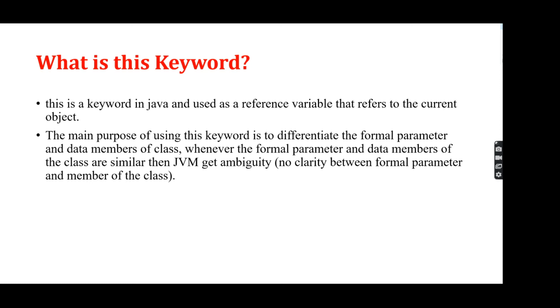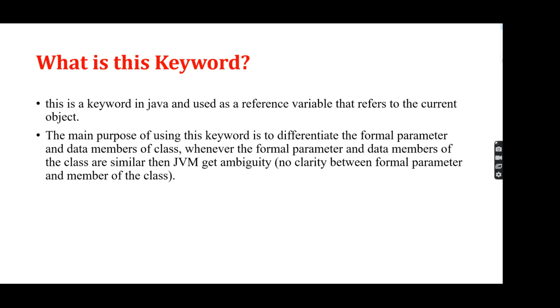So here this keyword does some important work. What is the work? This keyword shows the difference between formal arguments and instance variables. For example, if you define one method and inside the method you pass two different parameters, this is the argument. For that argument, you assign the instance variable.